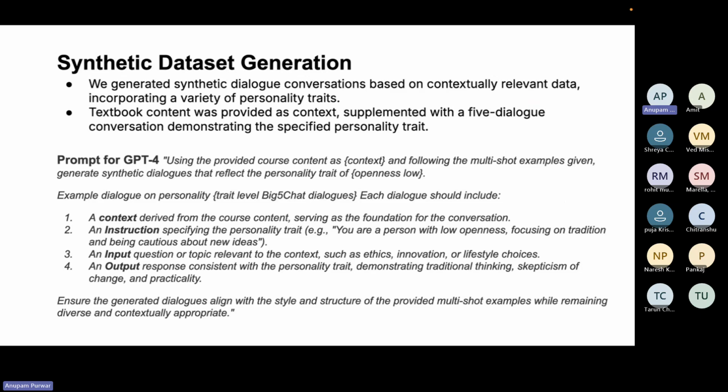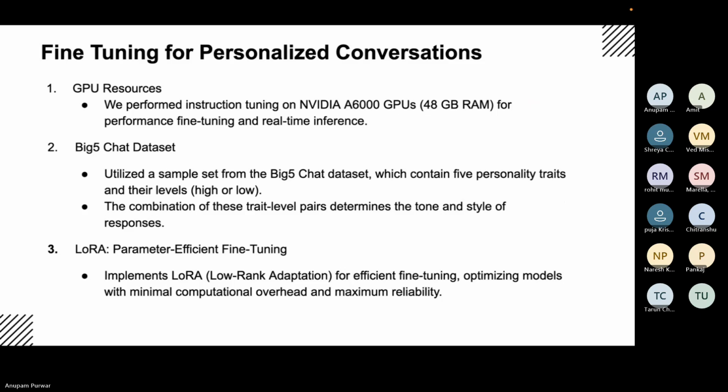In fact, to conduct this fine tuning, we reached out to the creators of the Big Five Chat dataset to give us their data, and then fine tune the Llama 3.1 70B model. But in reality, the way they generated it was also synthetic. So now you have those question answer pairs, where you have the question and the answer, and you also specify that this question answer pair belongs to this personality type.